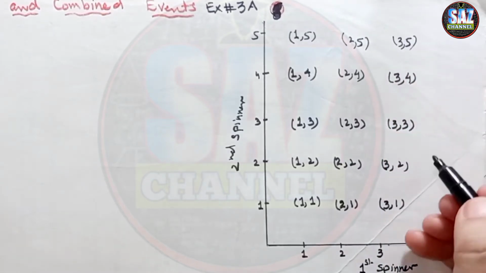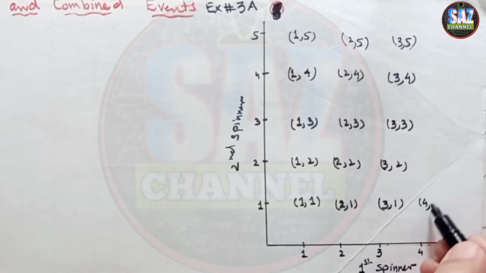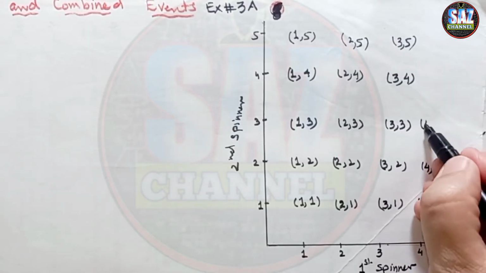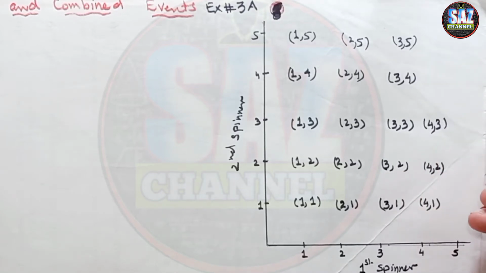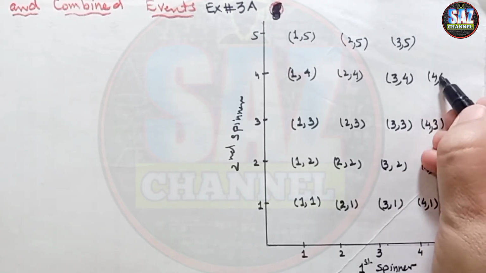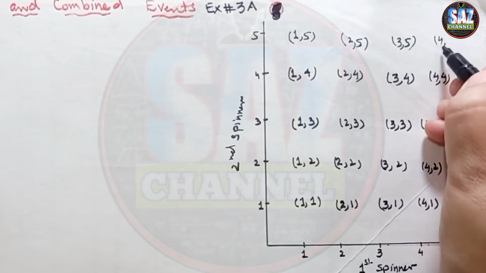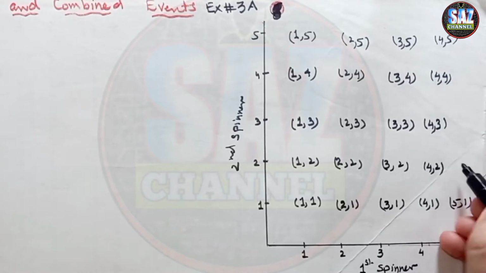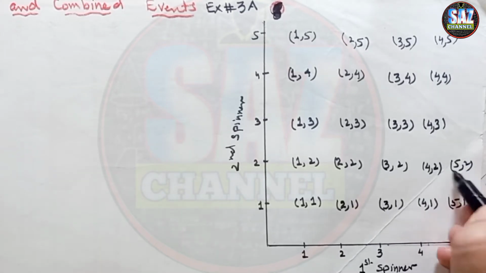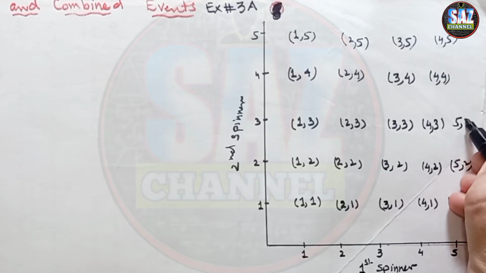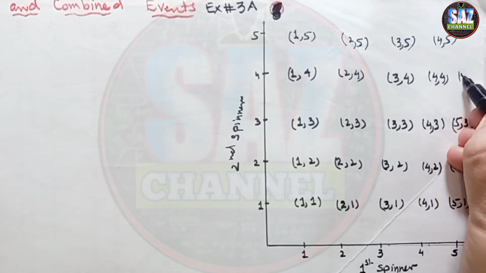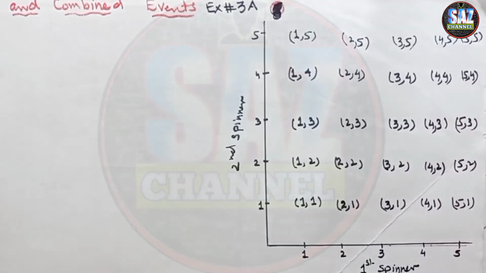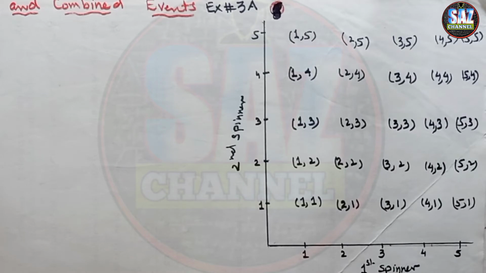Then 4 with 1, 4 with 2, 4 with 3, 4 with 4, and 4 with 5. 5 with 1, 5 with 2, 5 with 3, 5 with 4, 5 with 5. Okay, these are the possible outcomes.